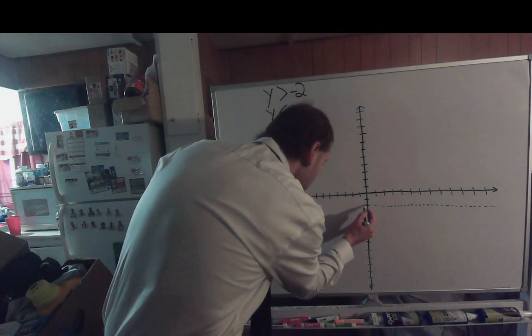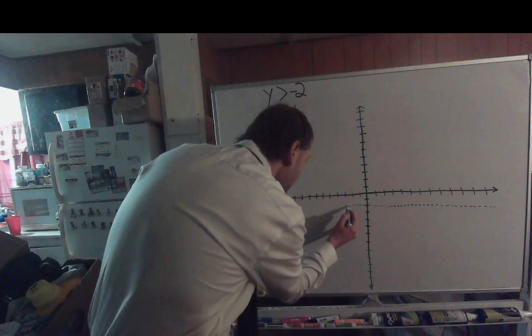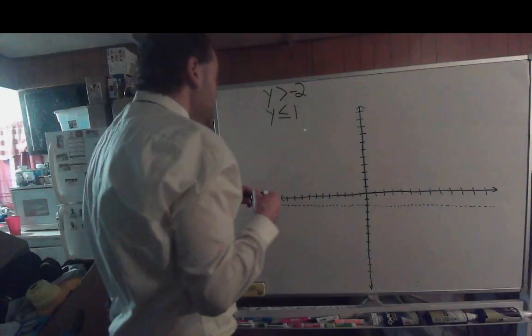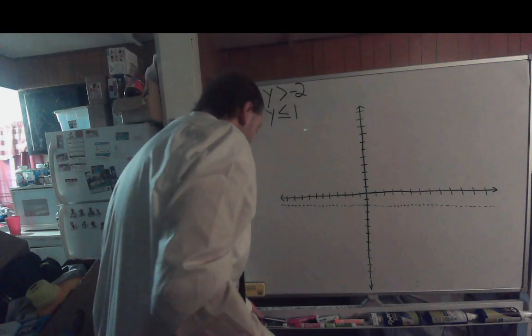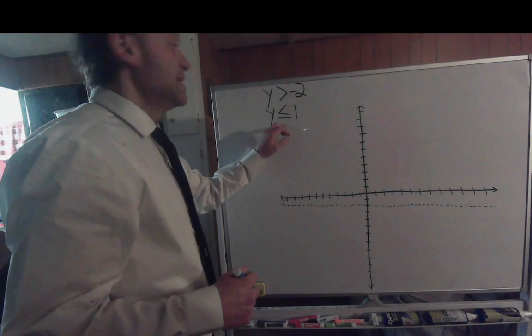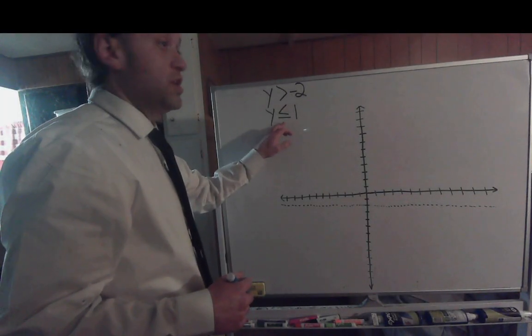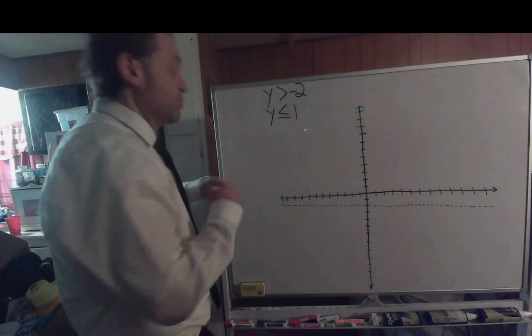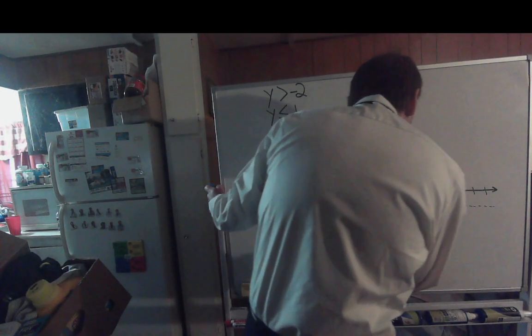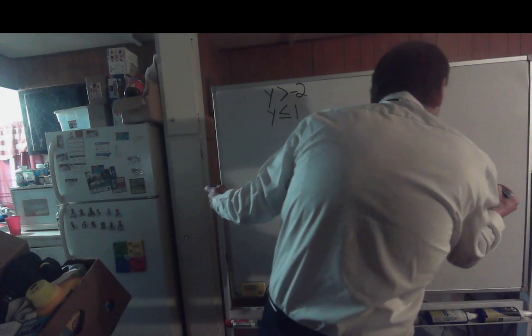Okay, let's plot that. All right. Then we also have y is less than or equal to 1. Since it has the equal to component, you will draw a solid line through y equals 1, which will go right about there.